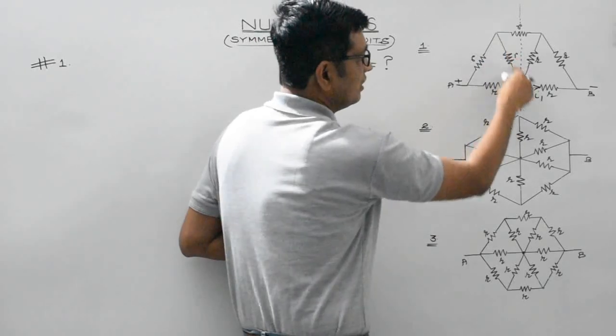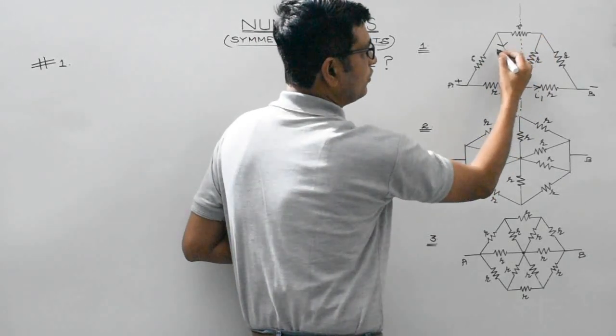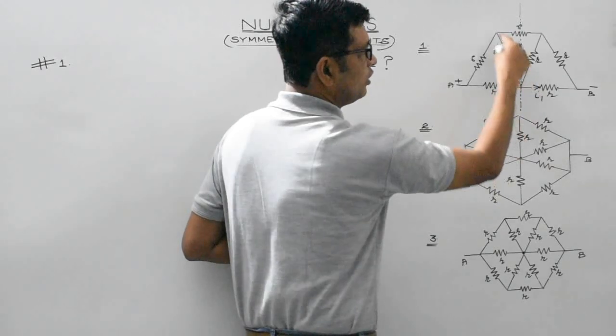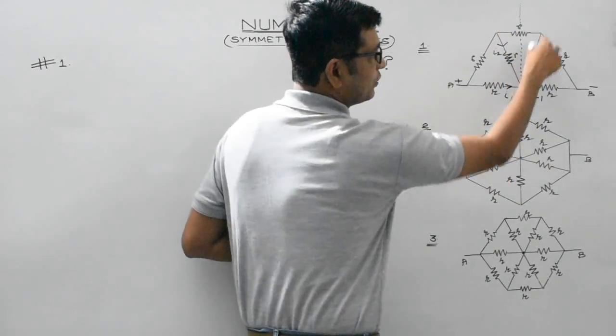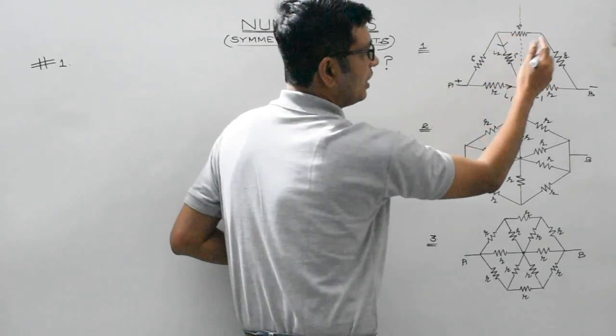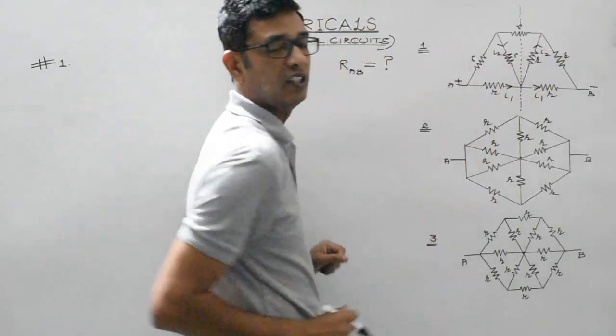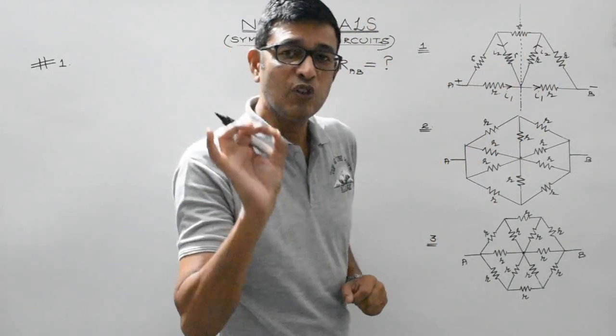Similarly, students, these two are the symmetrical portions, isn't it? If current I2 flows through this part, then this part being the symmetrical part or mirror image of this part, again the same current must flow through this part as well. So what's the key over here?